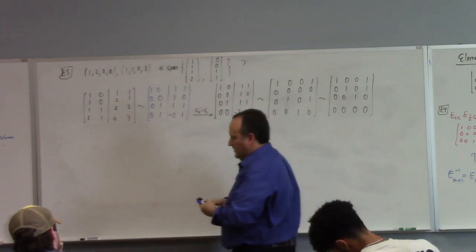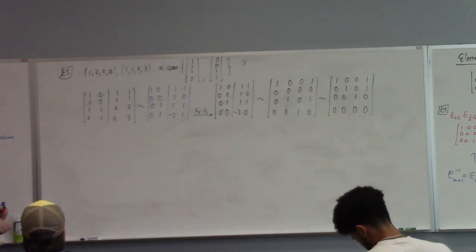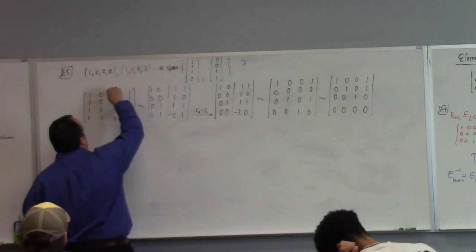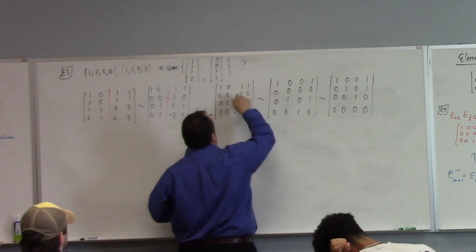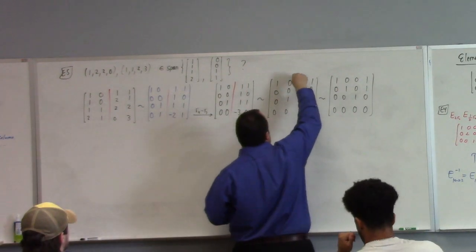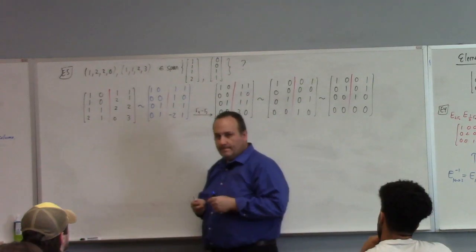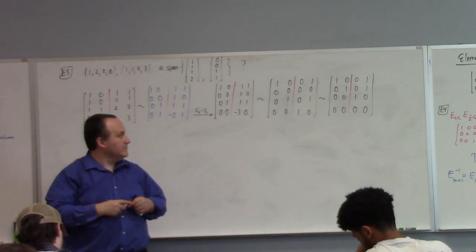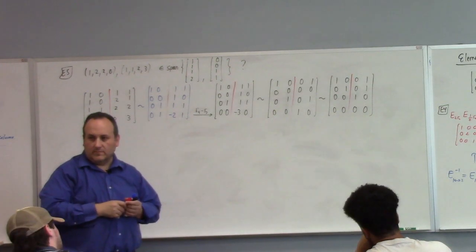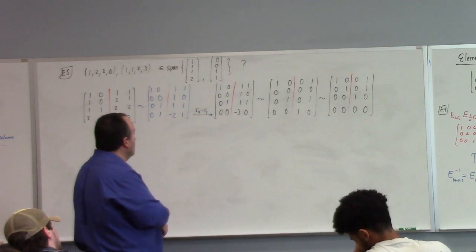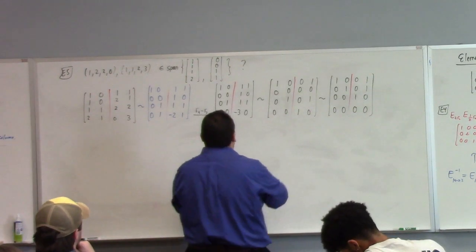All right, let me just make my partition red every time. Are we okay? How did the top row go from 1, 0, 1, 1 to 1, 0, 0, 1?